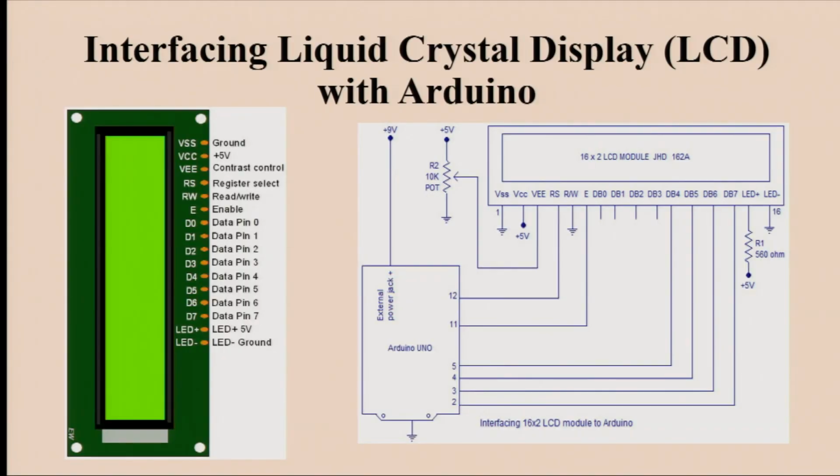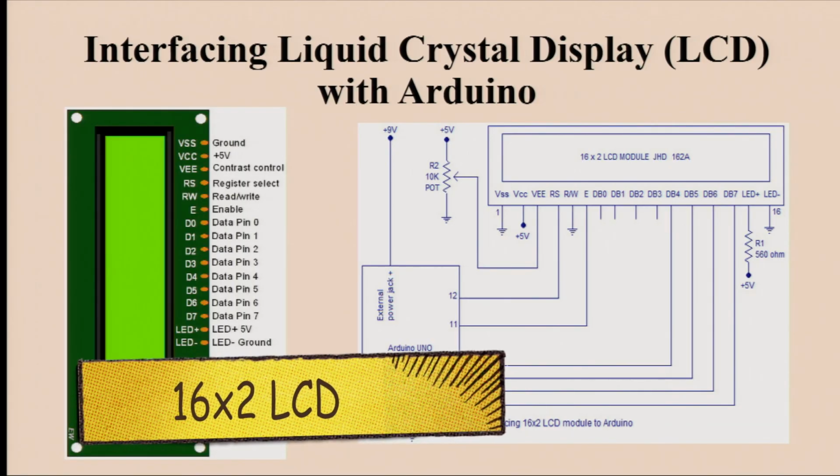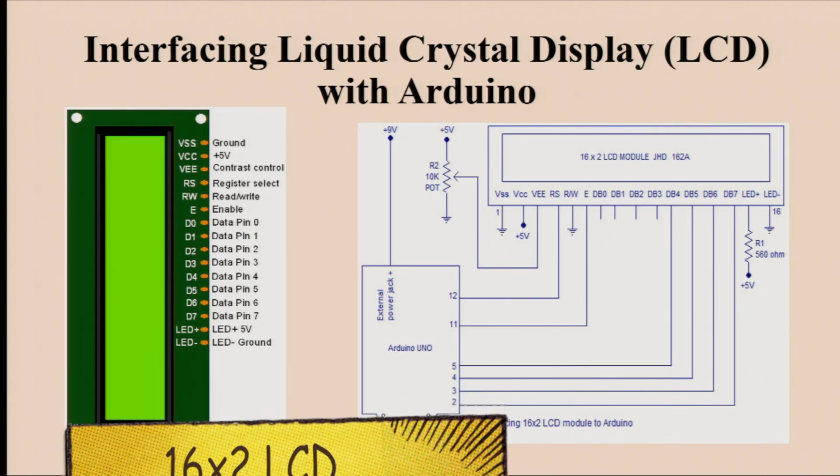But in today's session, we are going to work on a 16x2 LCD board, which is one of the basic versions of LCD that you can utilize for any of your experiments, along with this I2C board, and ultimately we are going to make connections with your favorite Arduino Uno board.